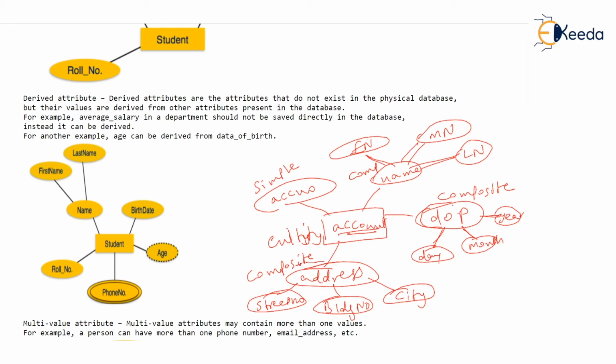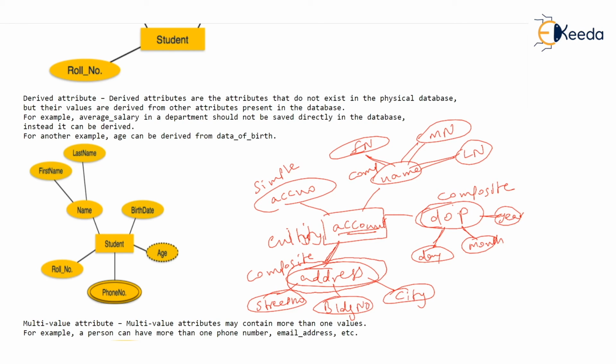Now, how about if I show this address as a double ellipse? What will you say? Address has been shown by me as a double ellipse because there is a possibility that an account holder can have more than one address. Maybe an account holder stays in Mumbai and Pune also, so has two addresses. Then every account holder may have multiple addresses. So it is going to be composite.